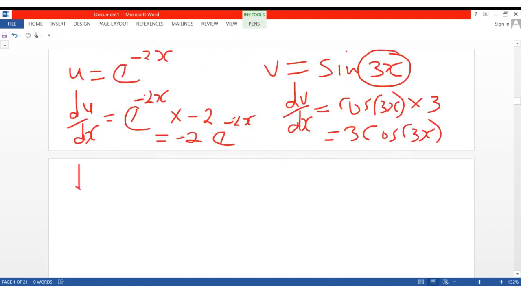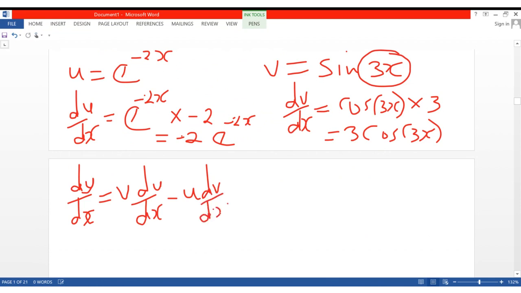So the formula is this one: dy all over dx is given by v du all over dx minus u dv all over dx, all over v squared. So I'll take my v, which is sine 3x. I'll take my du dx, which is negative 2 exponential negative 2x, minus.